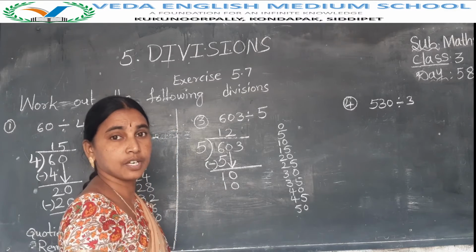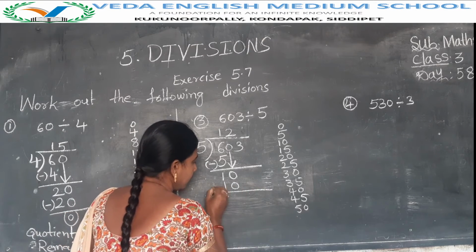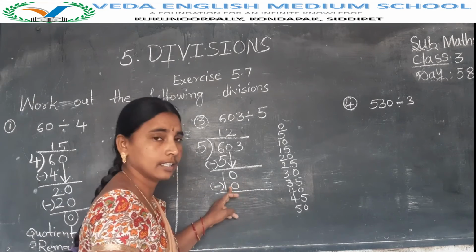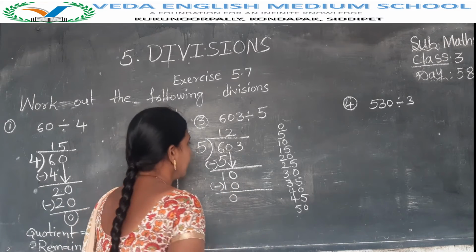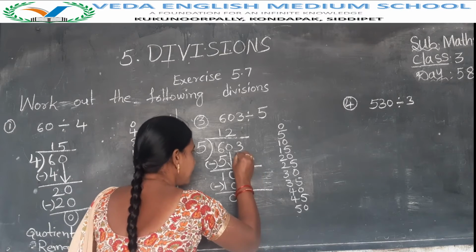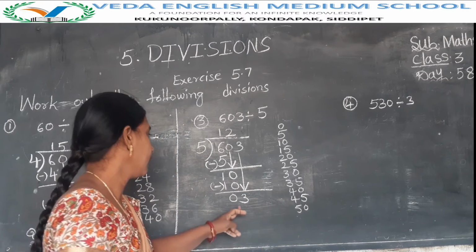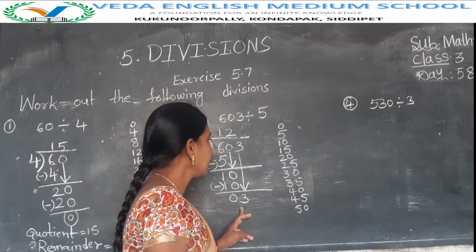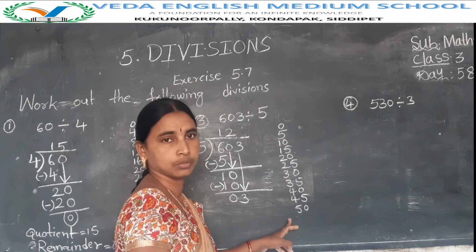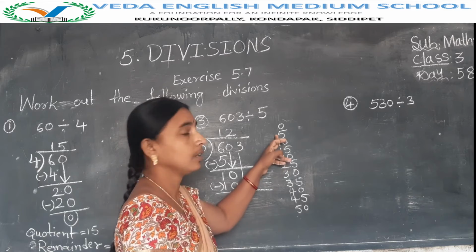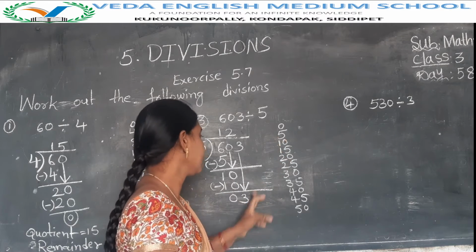What is the next step? Subtraction. Write the subtraction symbol. 10 minus 10 is 0. Here one more digit, bring down 3. Here 3 only. Find 3 in this table? No. 3 is below 5.